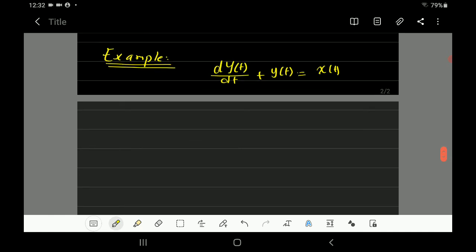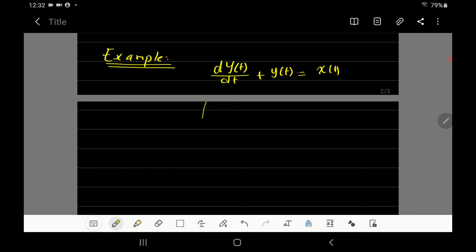To do that, you transfer this equation to the s domain. dy by dt will be equal to sY(s). Remember, when you want to find the transfer function, you assume all initial conditions equal 0. So you have only sY(s). Please go back to the properties of Laplace to check the differentiation: s times Y(s). Plus y(t) will be Y(s), equal x(t) will be X(s).